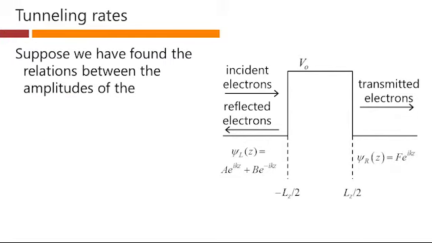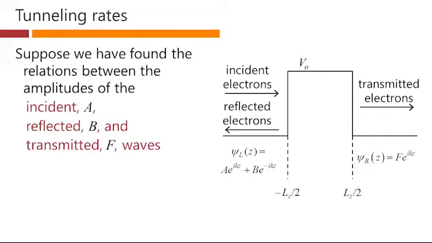Suppose then that we have solved this problem and found the relations between the amplitudes of the incident and the reflected waves on the left and the transmitted wave on the right. In this square barrier, we know how to solve that, and we would end up with decaying exponentials, which would be these ones, and also decaying from the other direction, or growing in the mathematical sense, exponentials, with the d here.